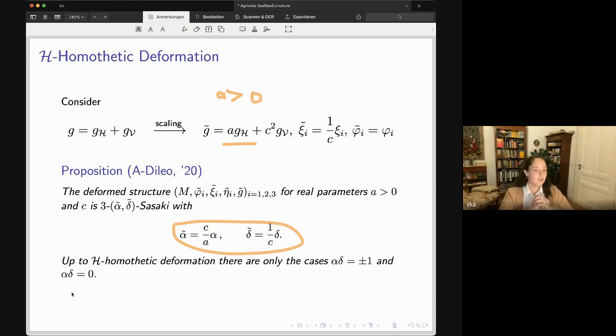Konishi bundles and all that will give you examples. We classified in one of the papers all the positive homogeneous examples. The positive homogeneous examples are just what you would expect, namely very close to the classification of homogeneous three-Sasaki manifolds. And for the negative case, I'm going to tell you in a second what we did. Okay, good. More questions on that?